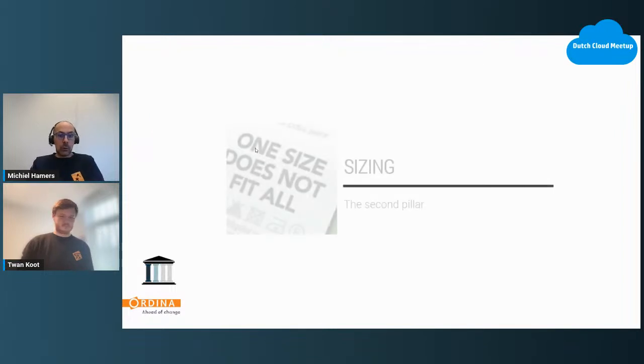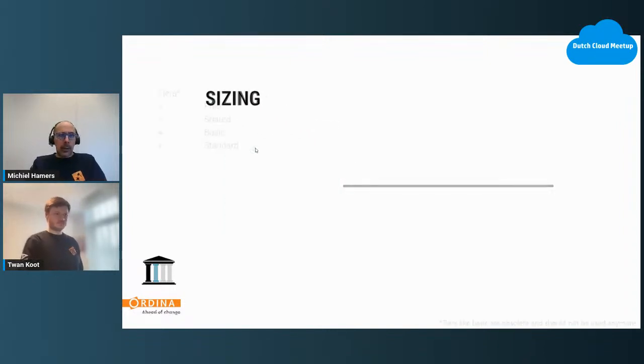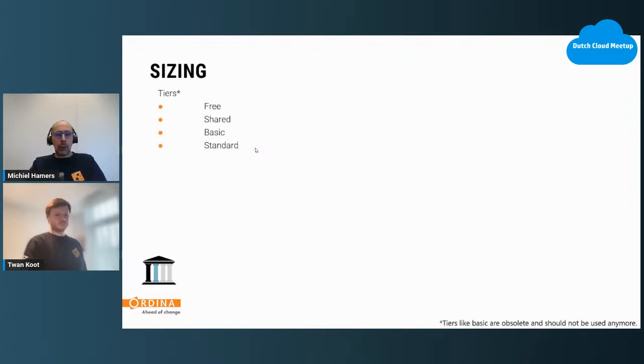Yeah, and that brings us to our second pillar. If we know the region, we still have sizing, which is really important because, as already stated on the slide, one size does not fit all. Let's go back to a few basic terms of Azure.